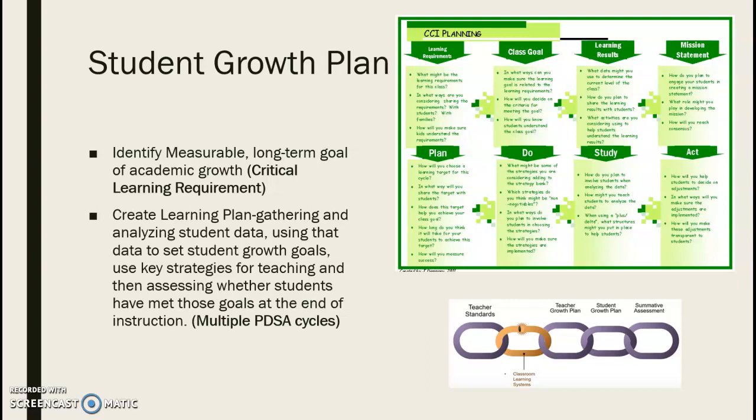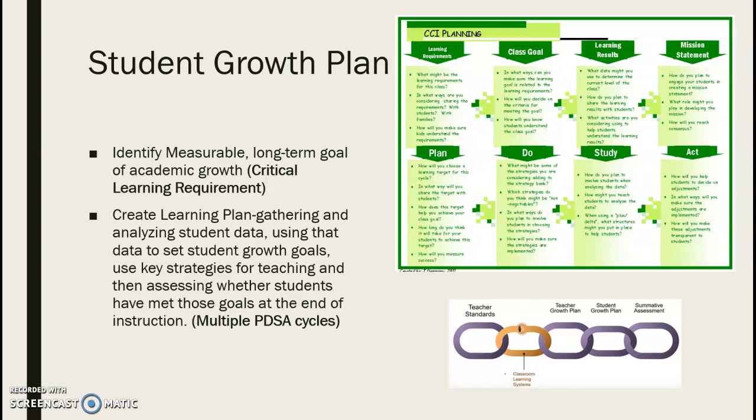Then you're going to create your learning plan where you write your goal, and then you're gathering your data, analyzing your data, making sure that you have those key strategies in your lessons to address student learning so that they can meet their goals. Basically, your student growth plan will be multiple PDSA cycles.